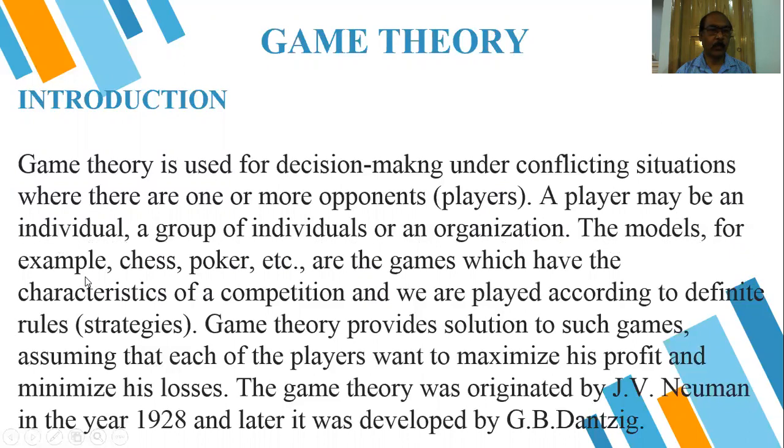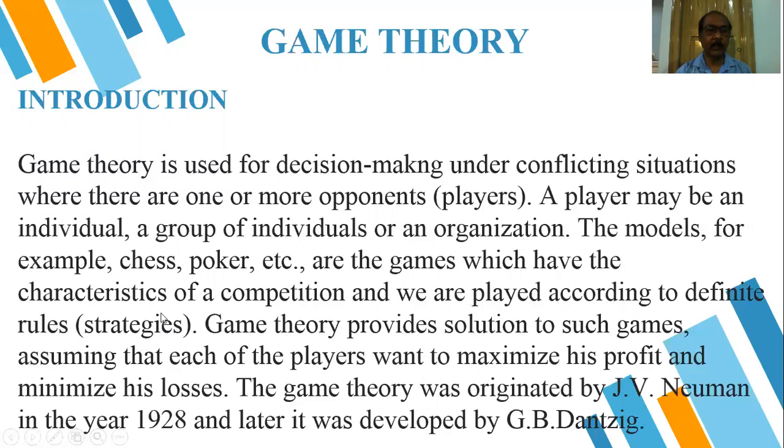The models, for example, are chess, poker, etc. Chess is played by two individual opponents. These are games which have the characteristic of a competition and are played according to definite rules. Definite rules mean that strategy is actually the course of action, but for the game there are some rules.